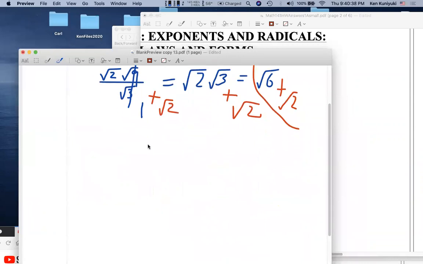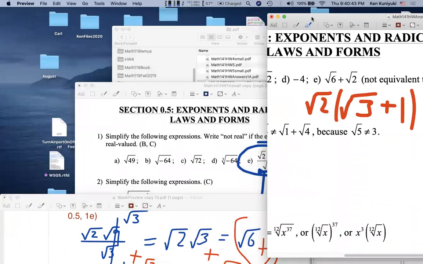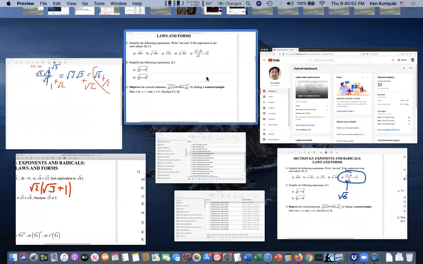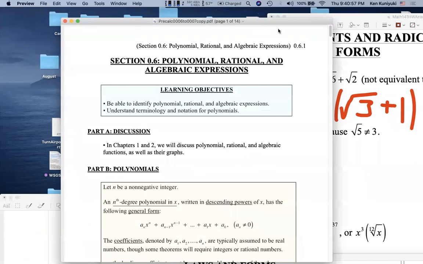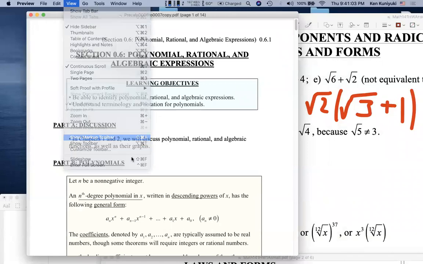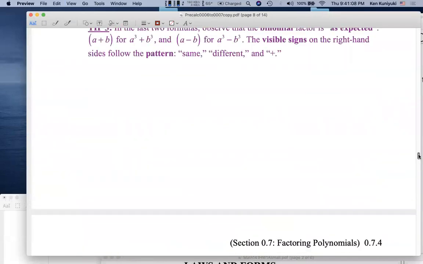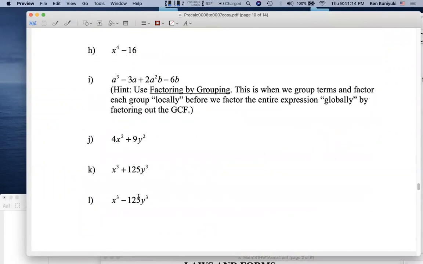Or do you want to do one of these, like this practice handout?